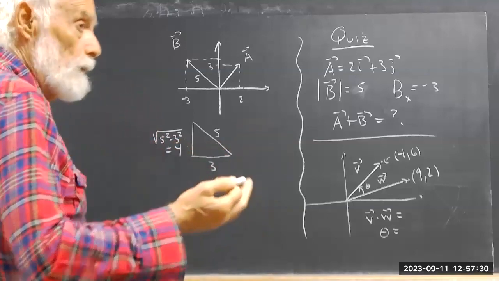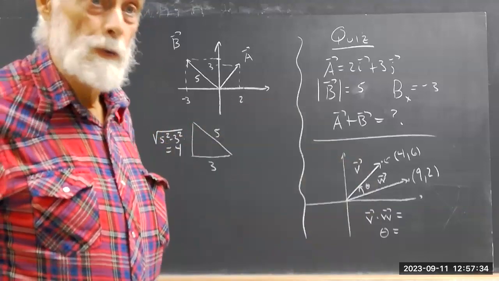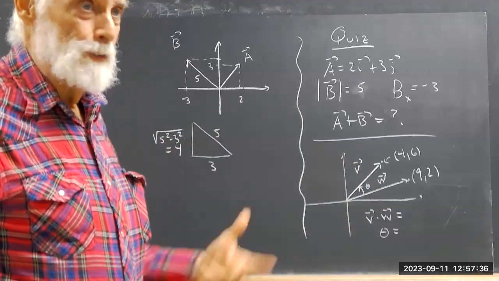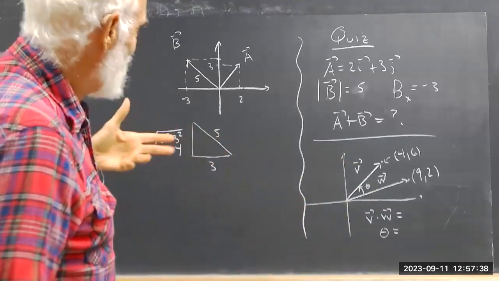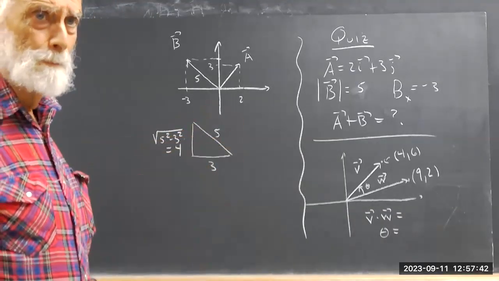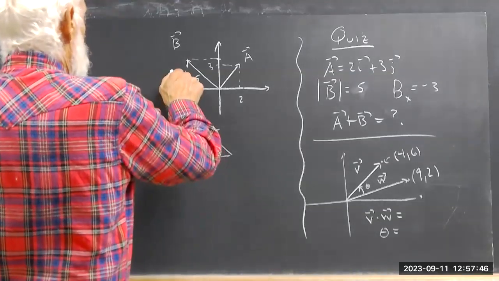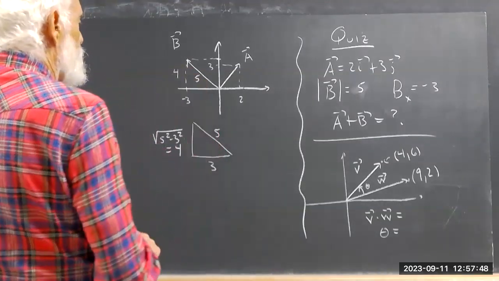I gave you a nice 3, 4, 5 triangle. Okay, so last time I'll be nice to you in this, unless it's an accident. You're not going to try to make them all come out nice and even, but a lot of times they will. So we know that this side is going to have a magnitude of 4.